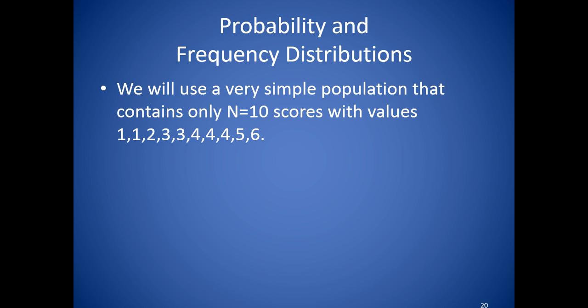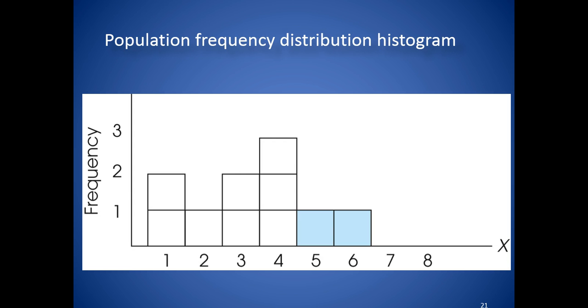Here, just follow me. If we use a very simple population that contains only 10 respondents or 10 scores, you have 10 with values of 1, 1, 2, 3, 3, 4, 4, 4, 5, 6. So you have 2 ones, 1 two, 2 threes, 3 fours, 1 five, and 1 six. Those are your values. You create a frequency distribution histogram.